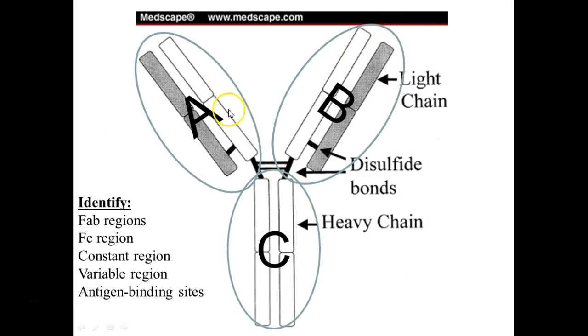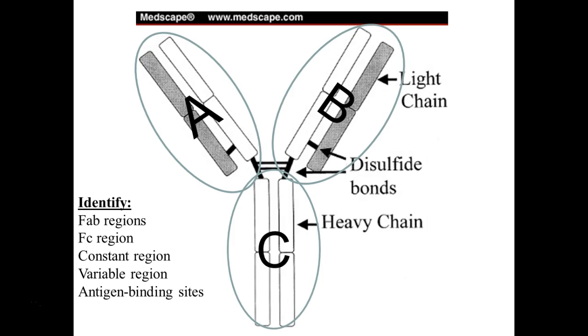A and B, notice, are similar to each other. They're mirror images of each other. And as we said earlier, these actually bind to antigen. The C portion did not bind to antigen and actually tended to crystallize in their procedures.